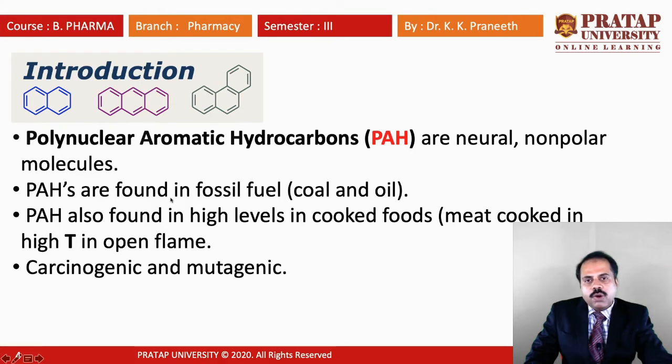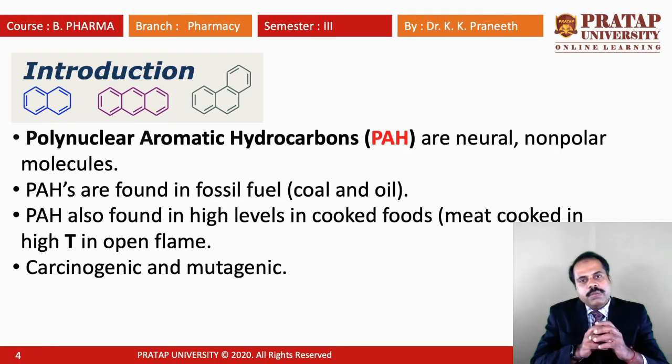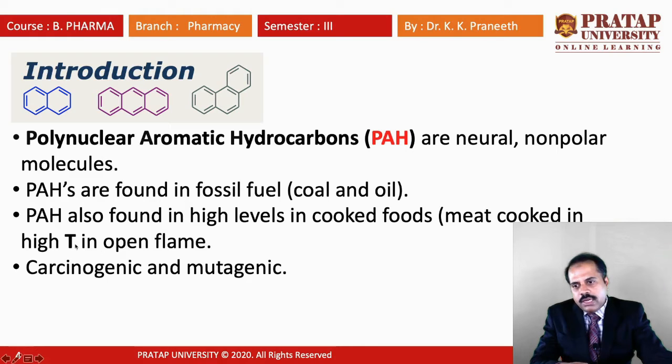PAHs are found in fossil fuels like coal and oil, where you will obtain them as a byproduct. They are also found in high levels in cooked foods. For example, if you cook meat at a very high temperature over an open flame, you can also obtain these polyaromatic hydrocarbons.